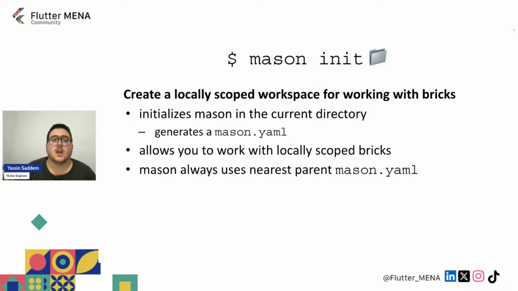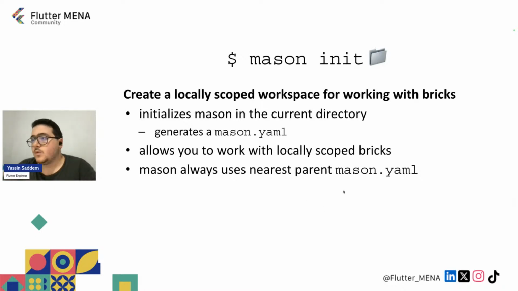There are some bricks that are developed by the community. You can use them, there are too many, and you can develop your own brick. First, to learn how to use bricks, we are going to use a simple example. Then we are going to create our own brick.